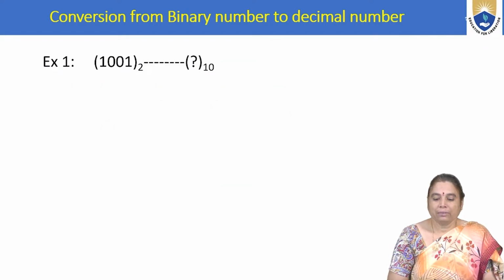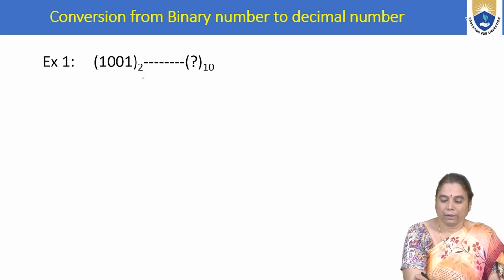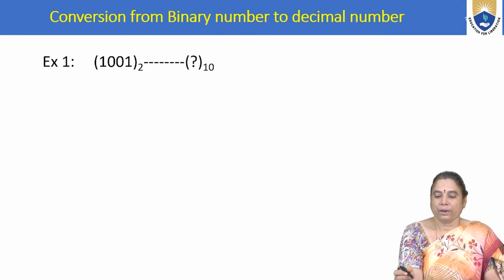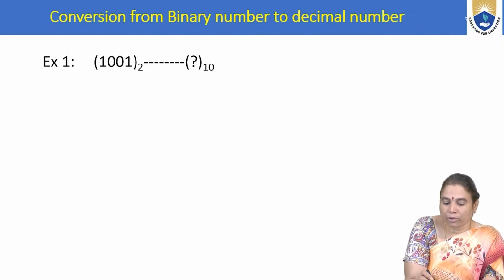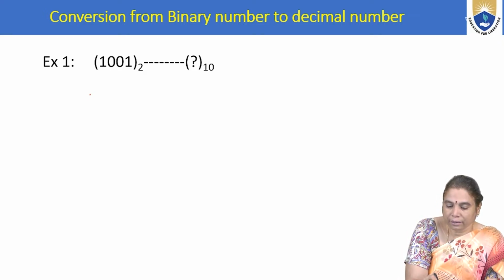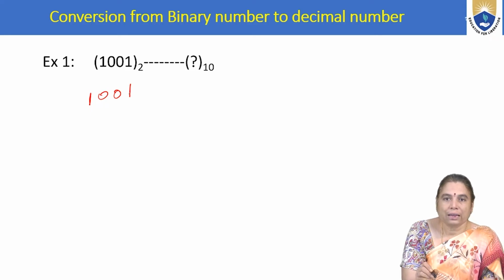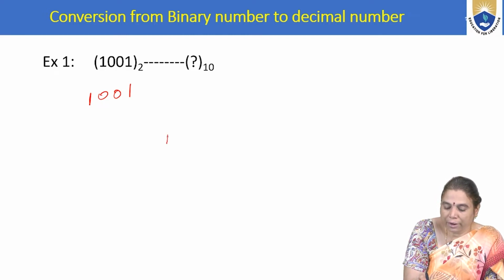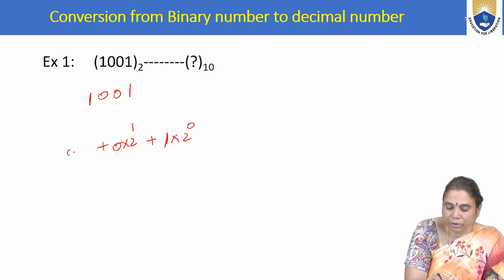Now consider one example, 1001. How is it converted into decimal form? First we write the digits 1001, and these digits are multiplied with the corresponding positional values. So 1 into 2 power 0 plus 0 into 2 power 1 plus 0 into 2 power 2 plus 1 into 2 power 3.